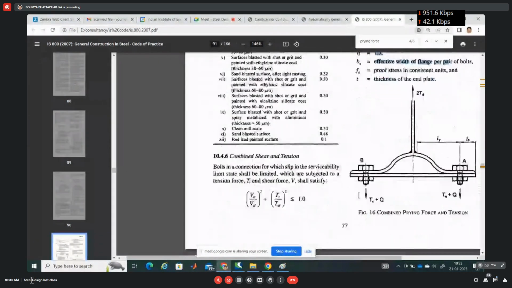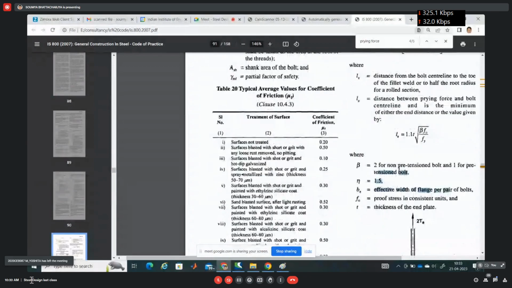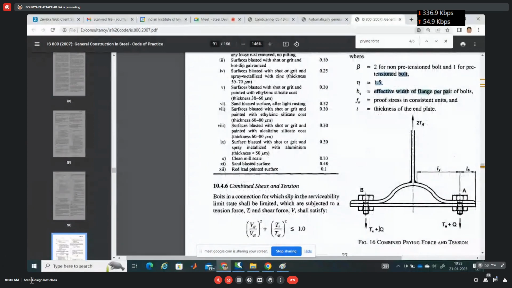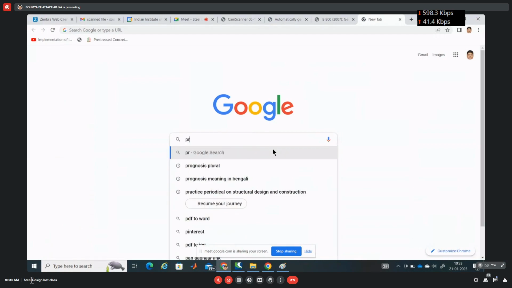So for design of these bolts, along with the tension TE, each bolt has to resist the tensile pull of TE plus this Q, that is the force because of prime action. This Q has to be considered for design of the bolt. So that is what is termed as prime force.